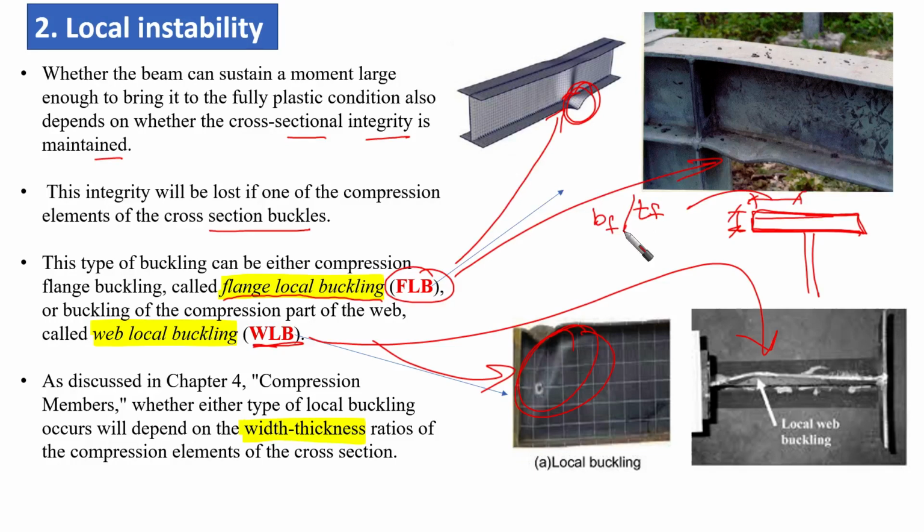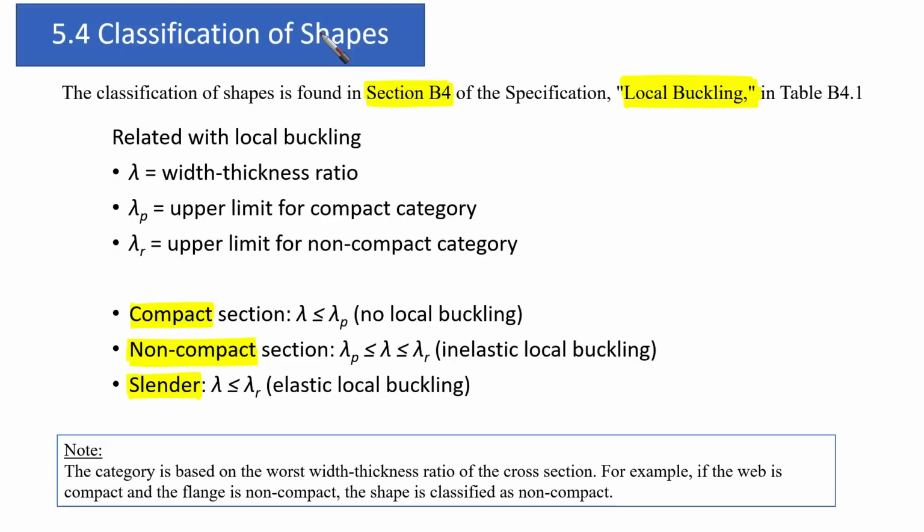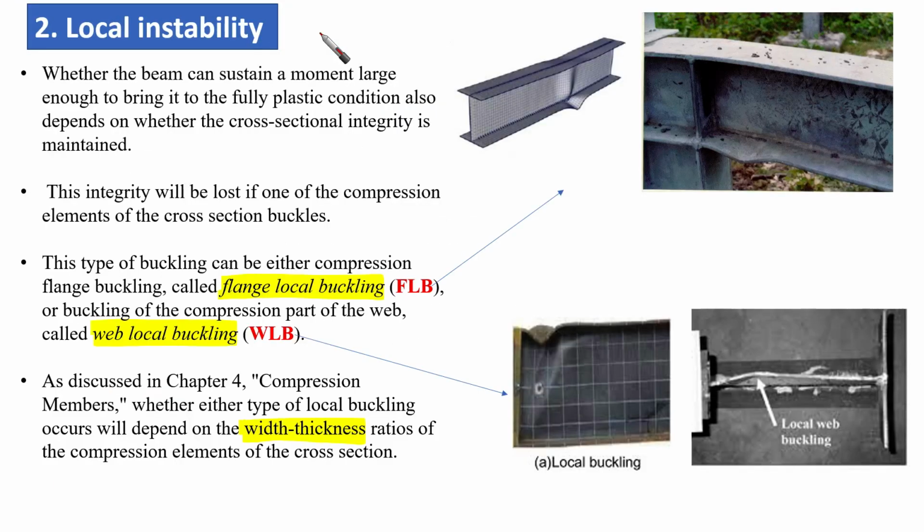If we're talking about half of the width of the flange, it is B flange over 2T flange, which is the width over the thickness, whether for the flange or for the web. We are going to do the same. So the width to thickness ratio of the compression elements of the cross section is going to be used for controlling this local instability. Okay, so now I'd like to recap what I've said.